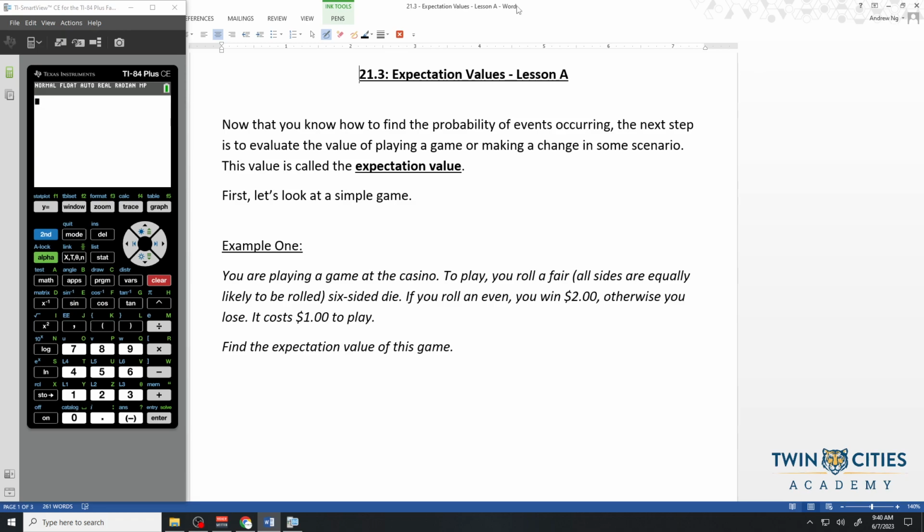So, firstly, what is an expectation value? Well, an expectation value is what you can expect to happen when you play a game. Let's just write something down here. The EV, or expectation value, of a game is equal to the sum of all events' values.